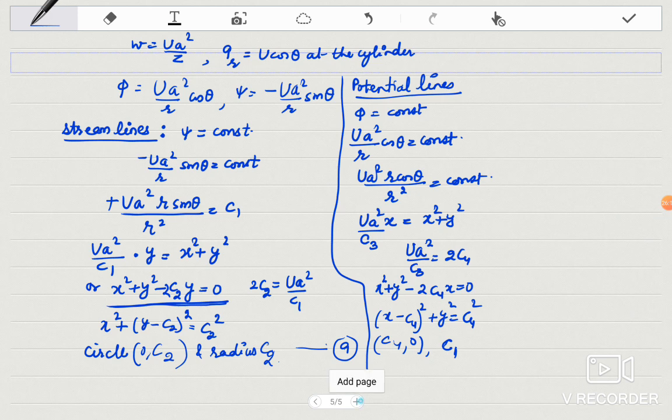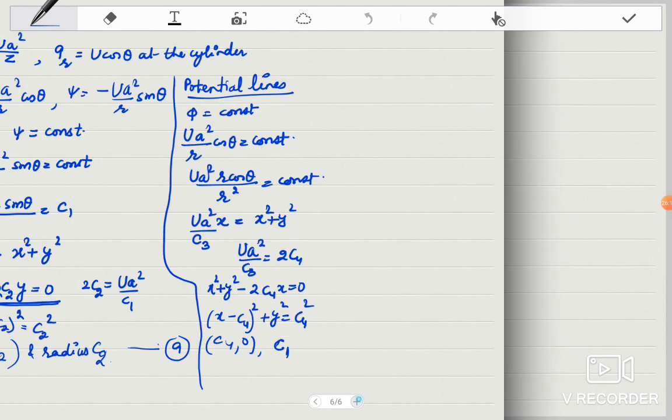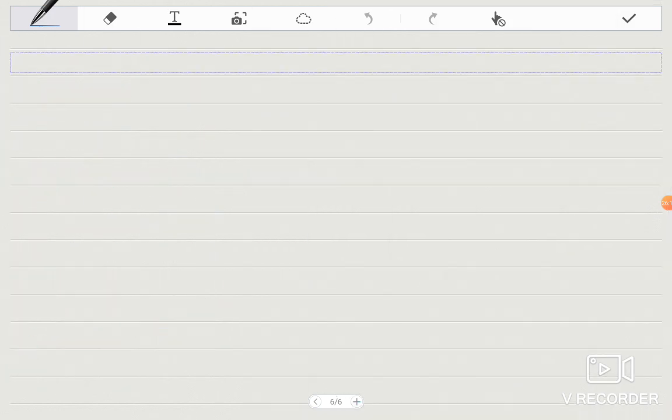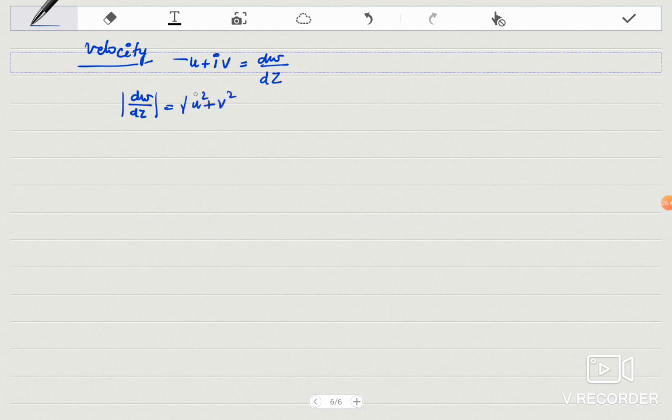Now we will see what will be the velocity. To calculate velocity, you may use any of the approaches which I told you earlier. Here I am taking minus u plus iv is equal to dw/dz, and the modulus of dw/dz is the square root of u square plus v square.